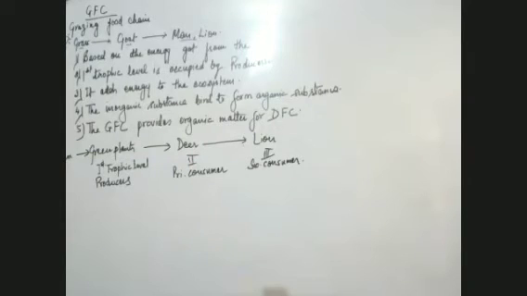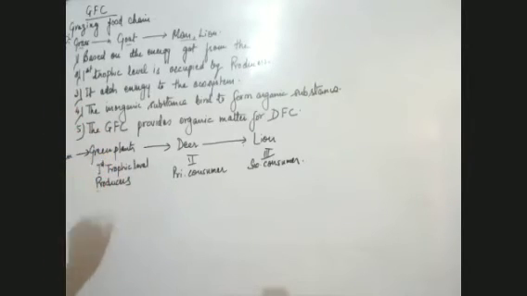Like the plants, they get energy from the sun. They utilize various minerals and ions from water, from air, and from soil. And by the process of photosynthesis, they form carbohydrate, starch, and glucose in them. And that starch and glucose makes the biomass of their body.